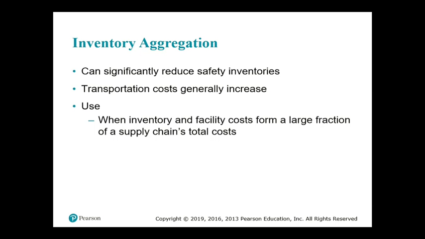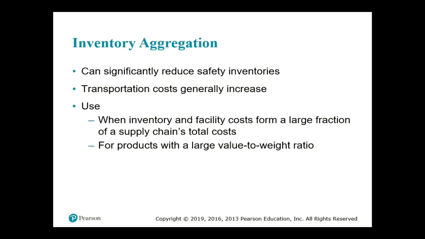So then when we use inventory aggregation, we need to consider its effect on transportation as well, right? So we only aggregate inventory when the inventory and facility cost savings due to inventory aggregation are actually a majority of our total cost. So it outweighs whatever effect it has on transportation cost.